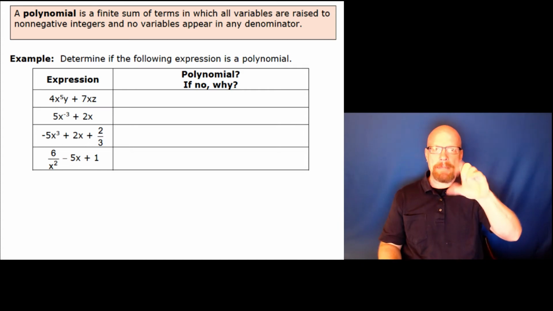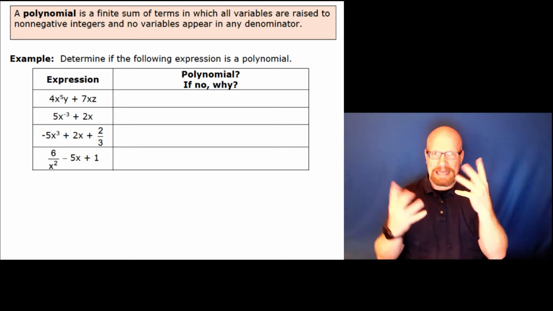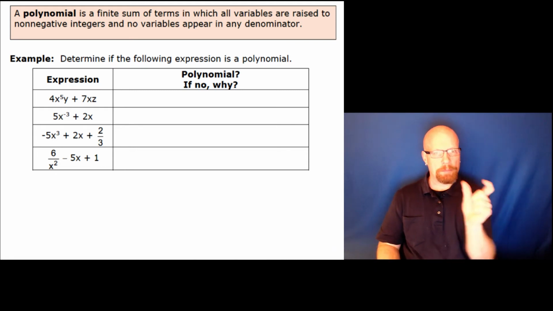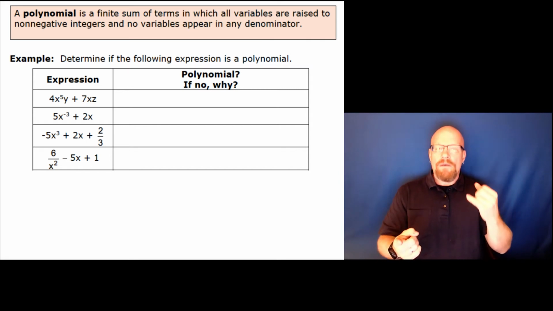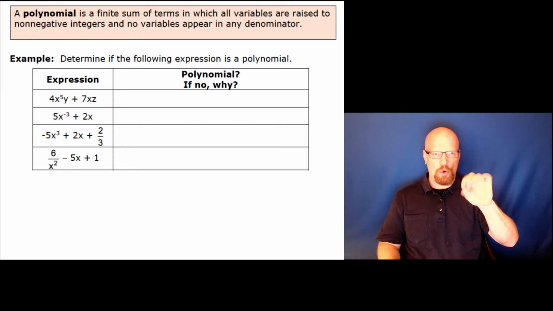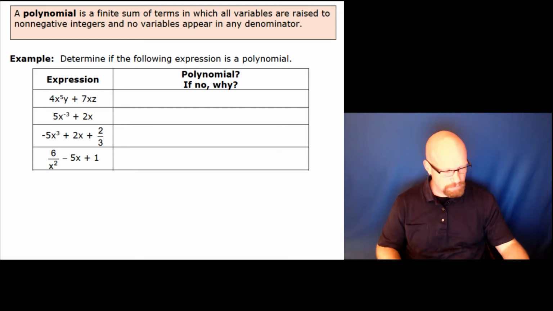Now we're going to talk about definitions, how to define polynomial. Poly means many, well, more than one. Nomial is talking about the terms. How do we know if something's a polynomial or not? There are some requirements.